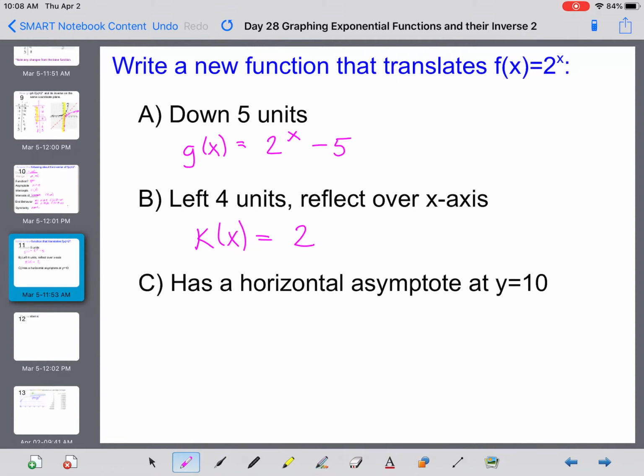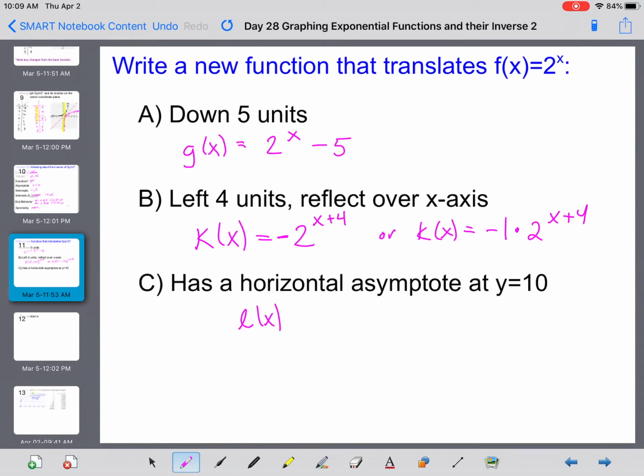If it's going to go left, it's going to be up there with the x, so this is going to be x plus 4. It's going to be opposite of what we are thinking. And then reflection over the x-axis means we're going to have that opposite out front. You are welcome to write this, if it helps your brain to see it, as negative 1 times 2 to the x plus 4. And then this last one has a horizontal asymptote at y equals 10.